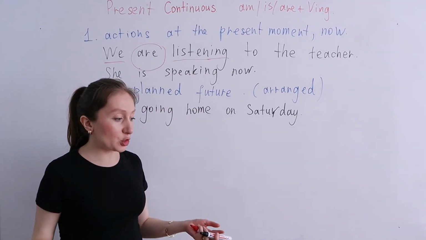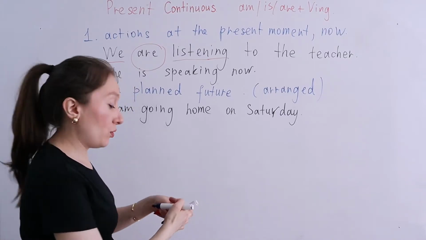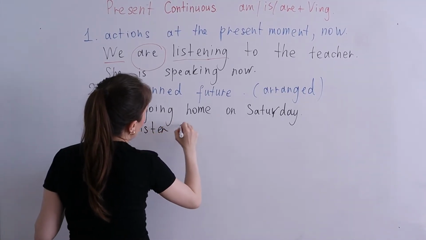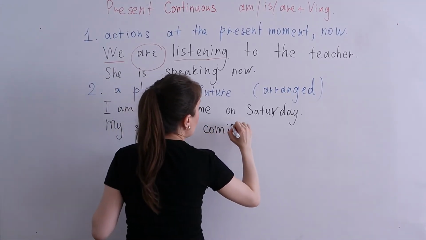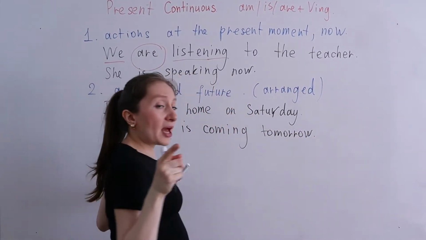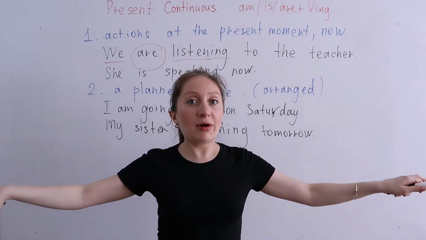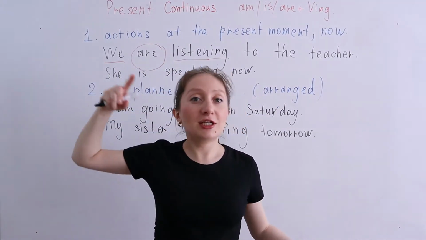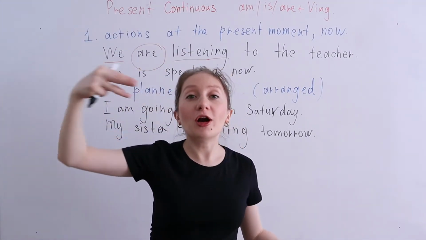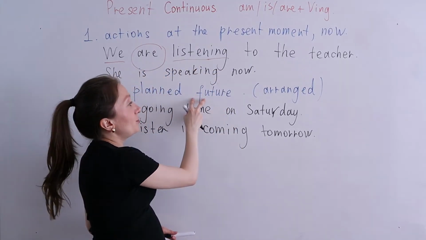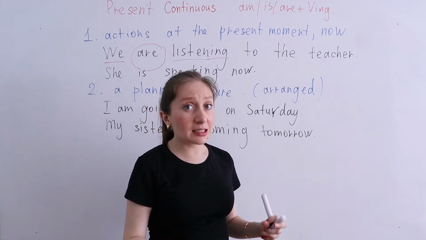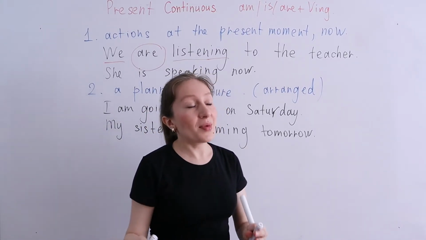Or my sister is coming tomorrow. Again, imagine you live in different cities, right? You live in New York, she's living in Los Angeles, she's coming to New York. This is planned future. It's a plan, arranged. She called you, she has her tickets, for sure she's coming, right?